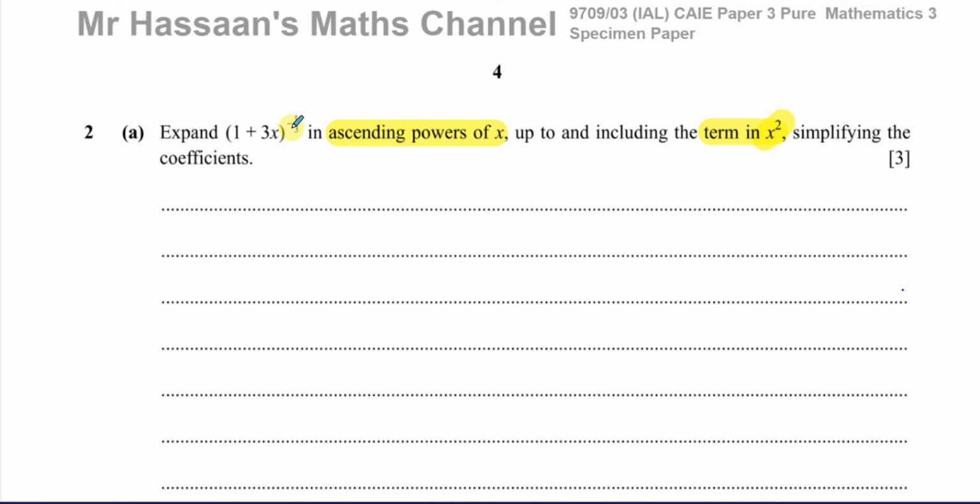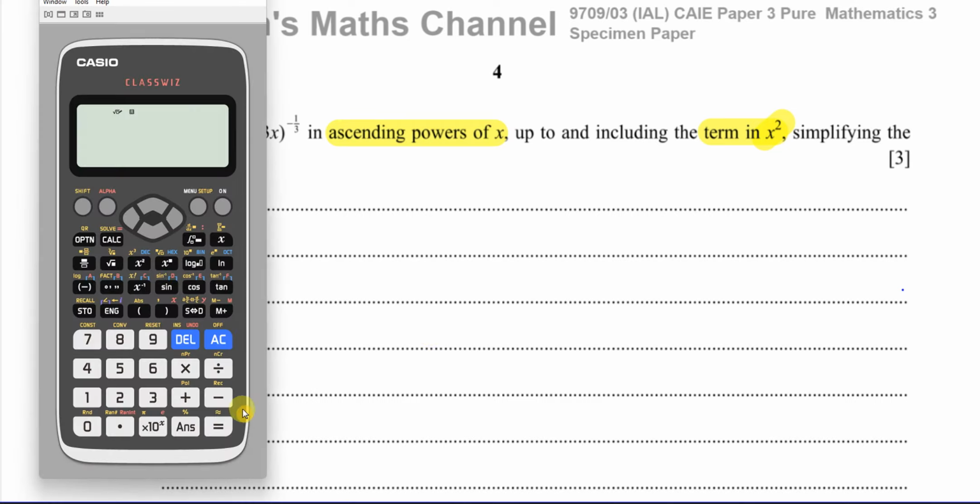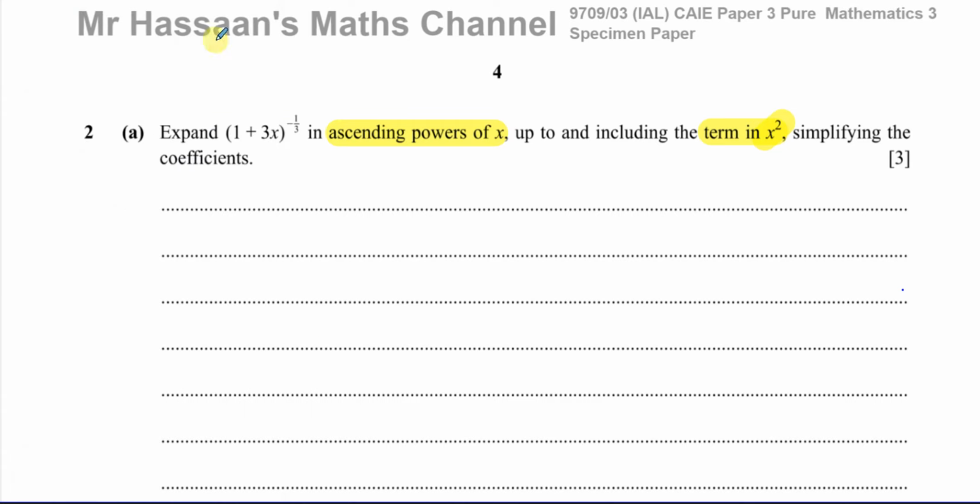So when you have something like this, we can't use what's called the NCR button on our calculator. In P1 for Cambridge, we would use the NCR button to help us find some of the coefficients that we need for the expansion. But we cannot do that anymore because the NCR button is really made for positive whole numbers.